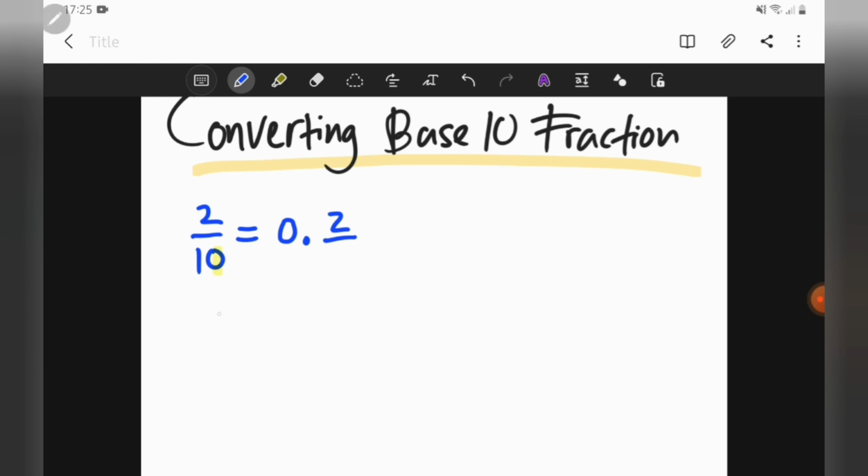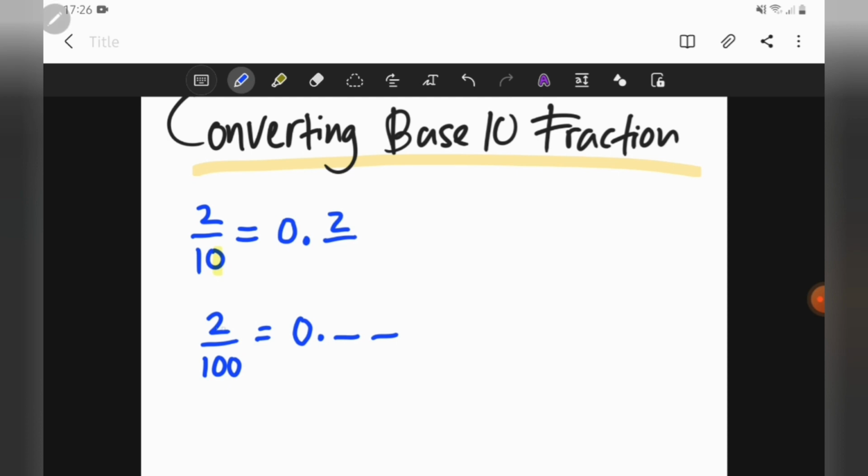Now let's move to the next example. It is base 100 like this. How to make 2/100? The same way. Make 0 at first and then put the point, but now there will be 2 digits after the decimal point. And how to put the 2?